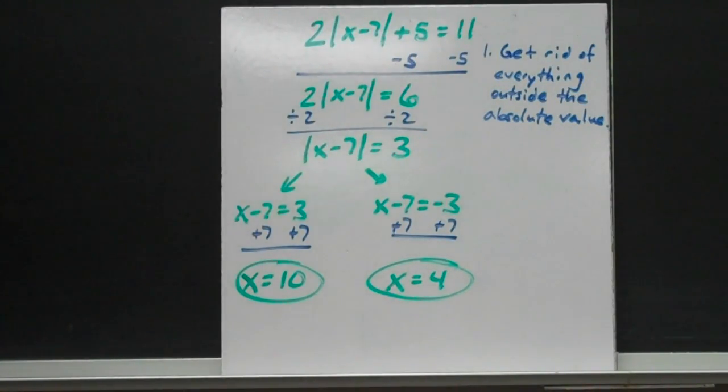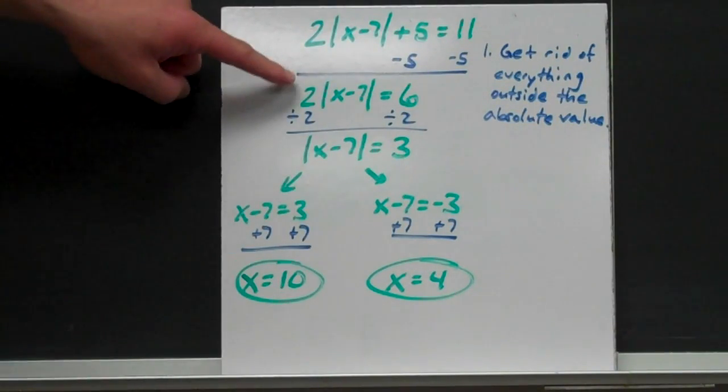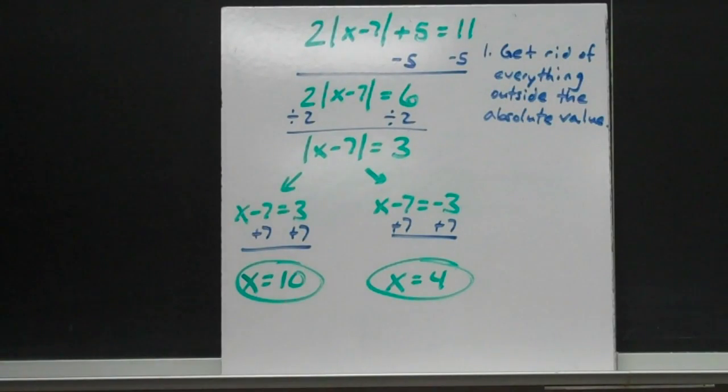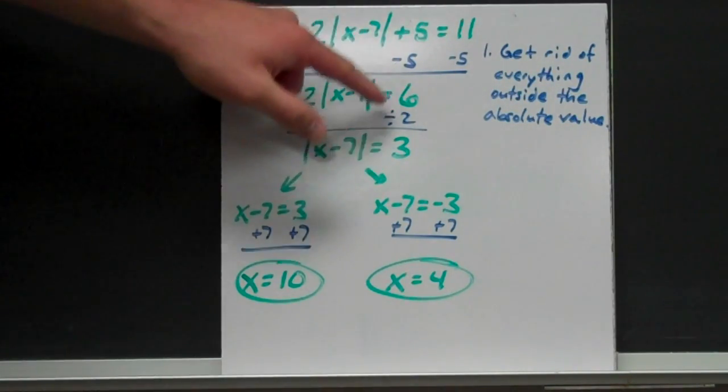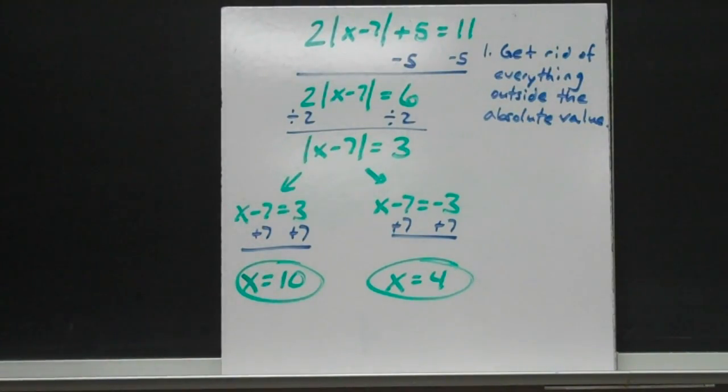Then we want to undo the multiplication by 2, so we divide both sides by 2. On the left, the 2's cancel and we're left with the absolute value of x minus 7. On the right, 6 divided by 2 is 3. So now we've got absolute value of something equals 3. So we need to ask ourselves, what number is 3 units away from 0?